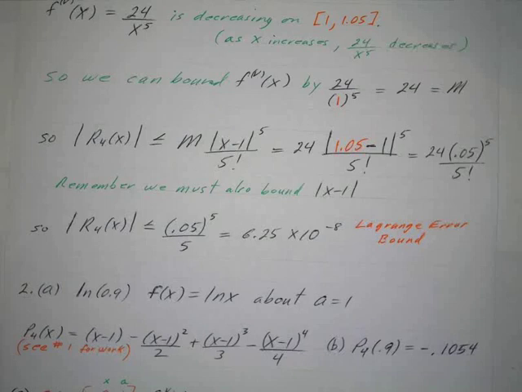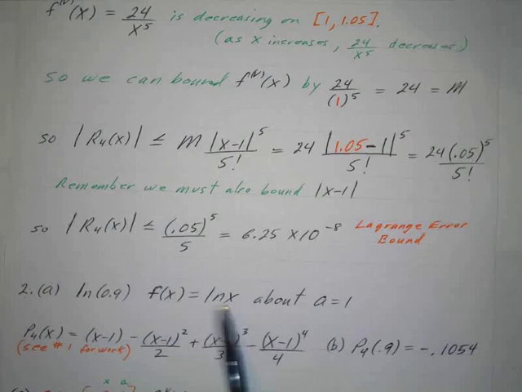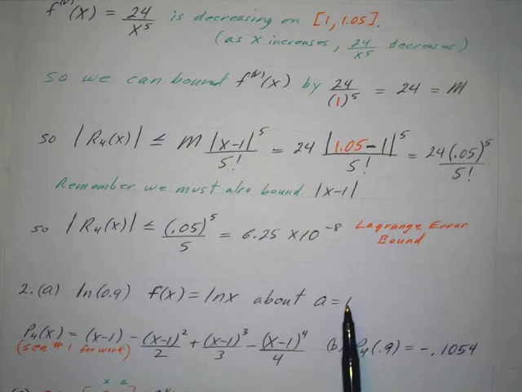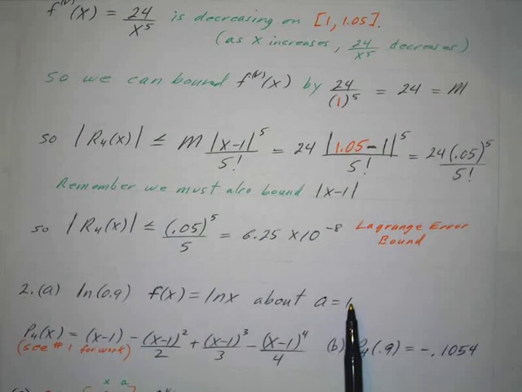And then number 2 was the natural log of 0.09, so I just used the same expansion, natural log of x about a equals 1, because, sorry, not 0.09, 0.9, 9/10. 9/10 is still pretty close to 1.